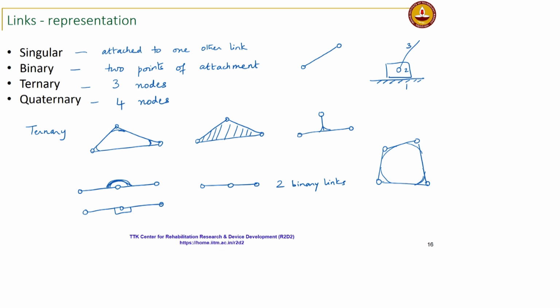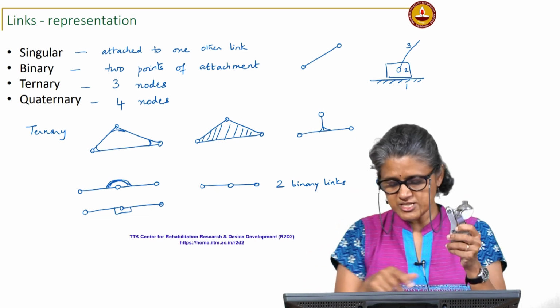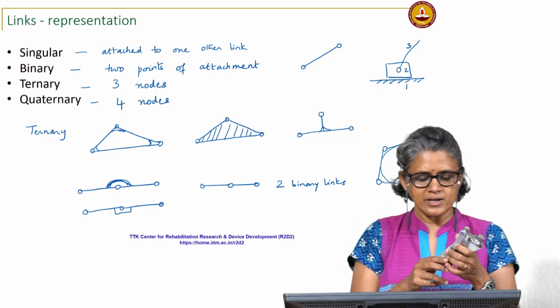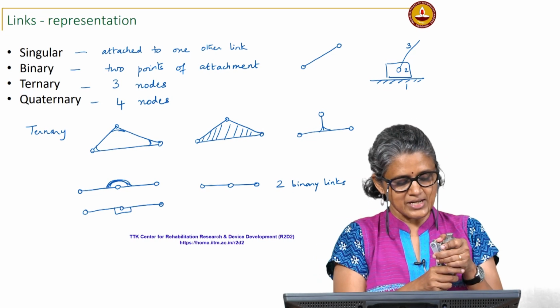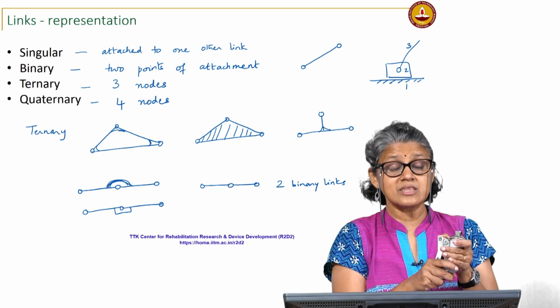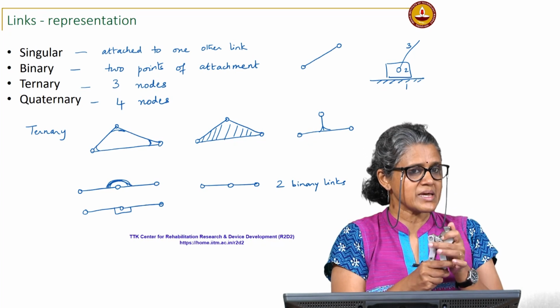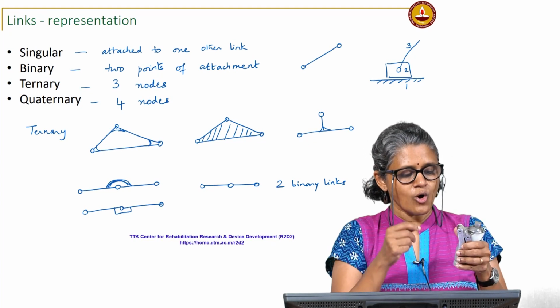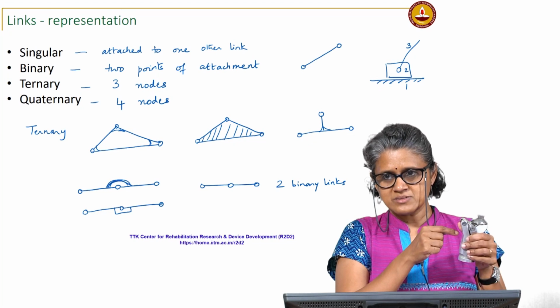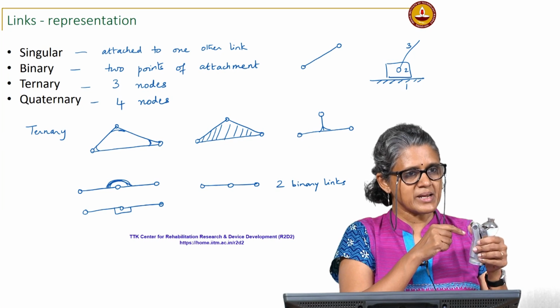You can see here this is a mechanism. First of all, in the majority of the course we will be looking at planar mechanisms, where all the points on the mechanism move in parallel planes.